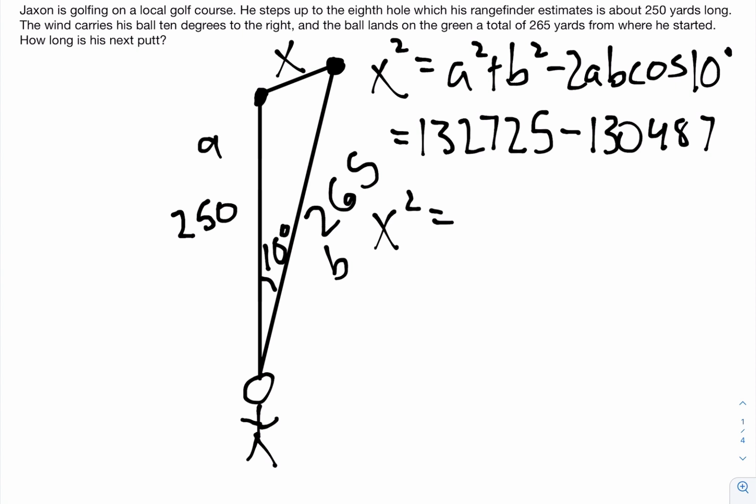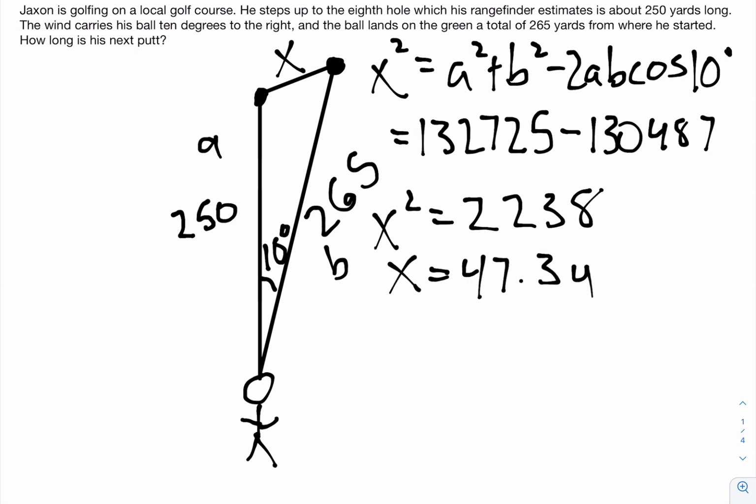So that's going to be 2,238. Remember, this isn't our answer. This is our answer squared. So to find our x, we just have to square root that. And it's going to be 47.3, and this is going to be in yards.